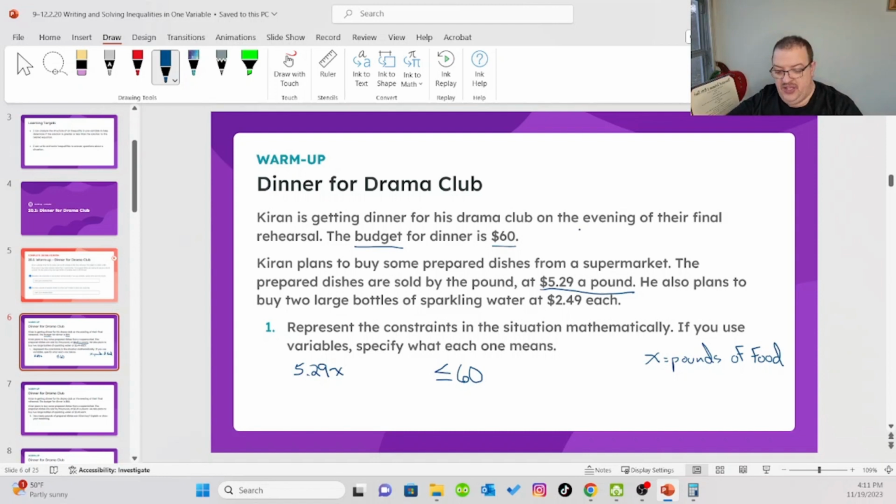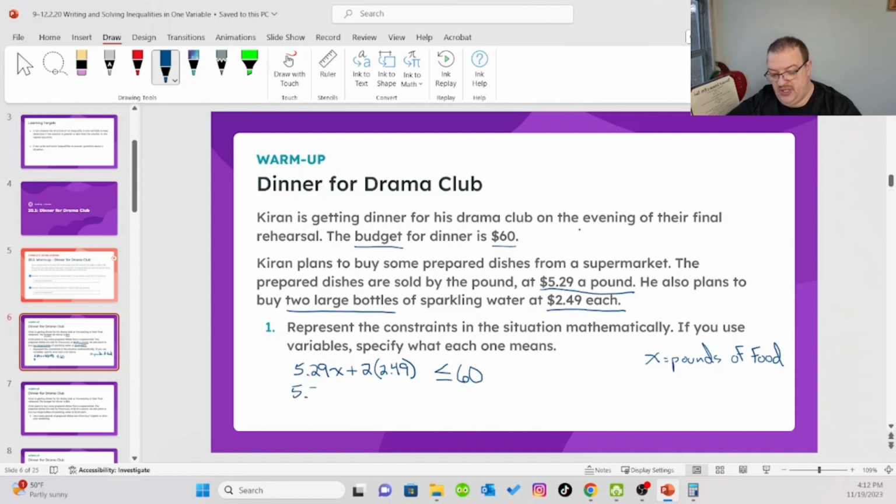Next, we know that he's going to buy 2 large bottles of sparkling water at $2.49 each. We know both of those numbers, so when we write it, we'll use numbers. So that would be 2 times $2.49 each. So this is going to be the price of my food plus the price of my drinks, and it must be less than or equal to the budget, which is $60.